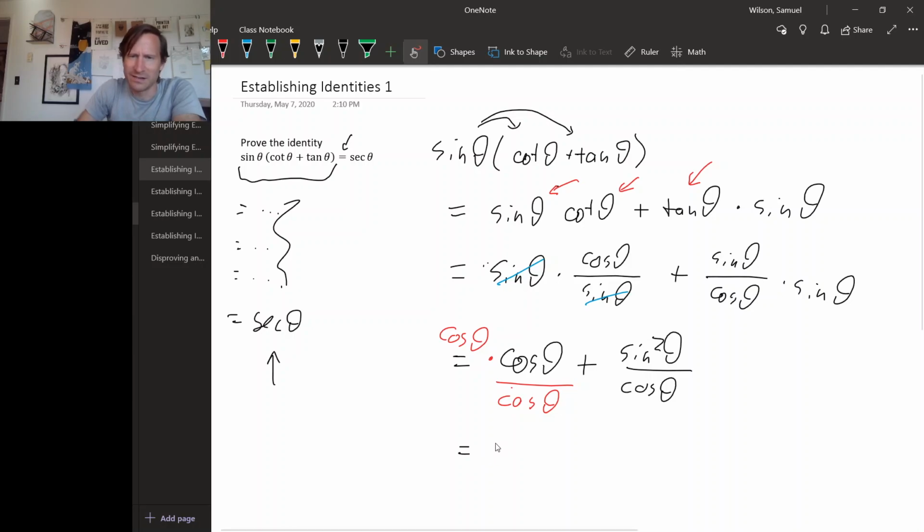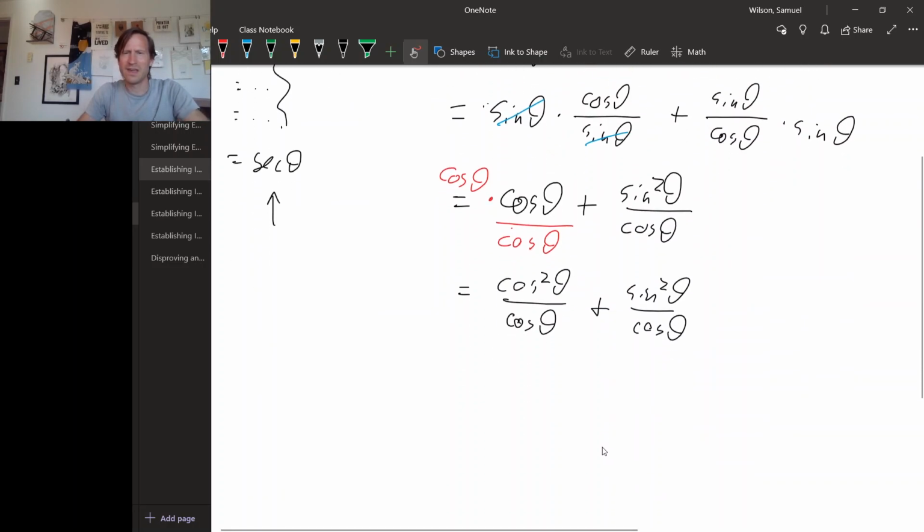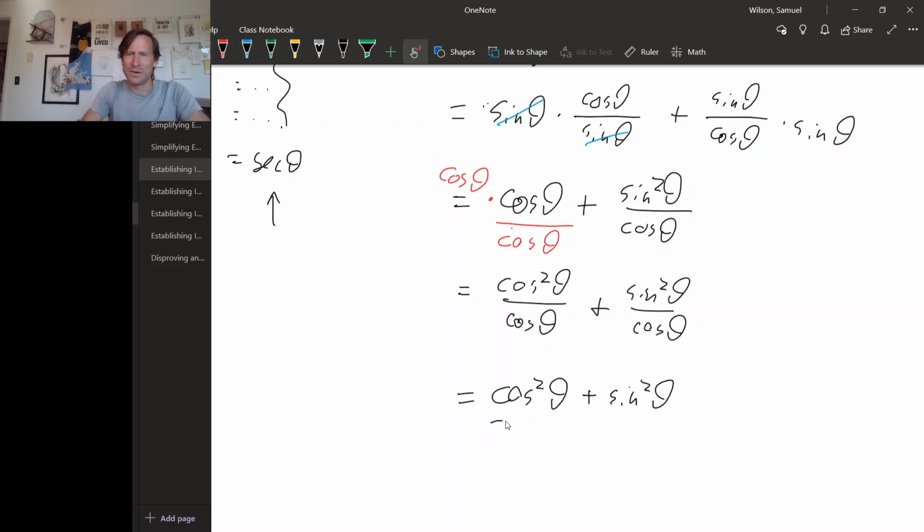So we get cosine squared theta over cosine theta plus sine squared theta over cosine theta. Then, look, now we can actually add these things since they have the same denominator. So we get cosine squared theta plus sine squared theta all over cosine theta.